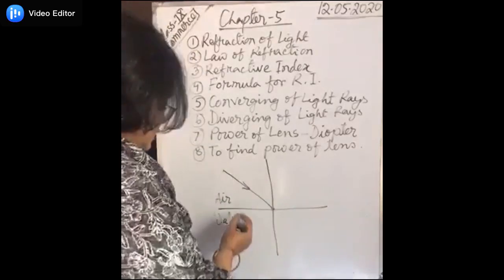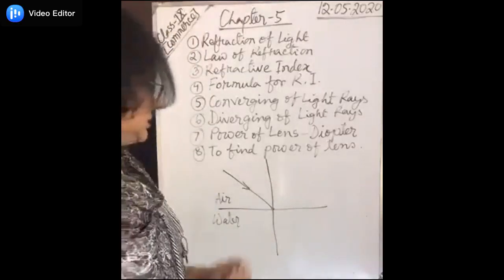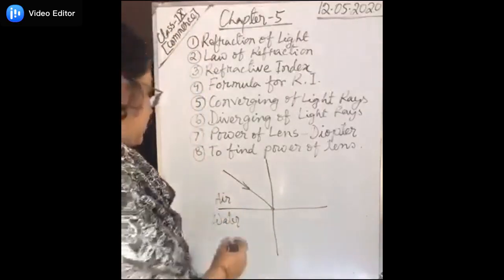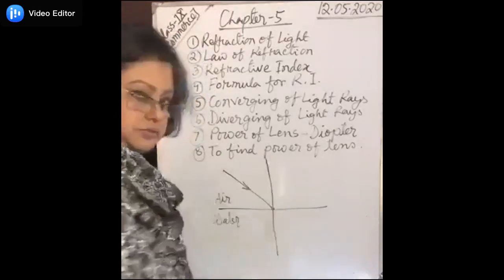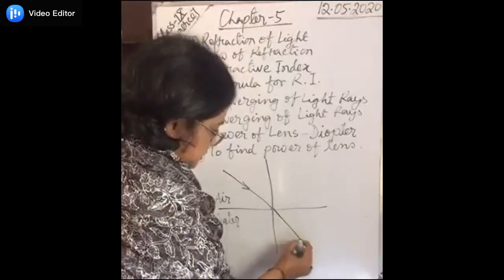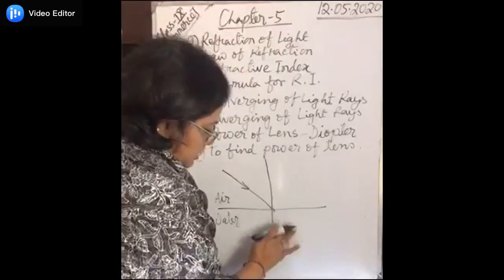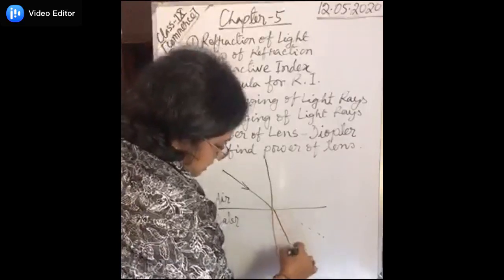You know, air is lighter than water. That means water is denser than the air. Both of the mediums are transparent, so when the light comes out on the other side, without going straight, it will bend towards the normal.